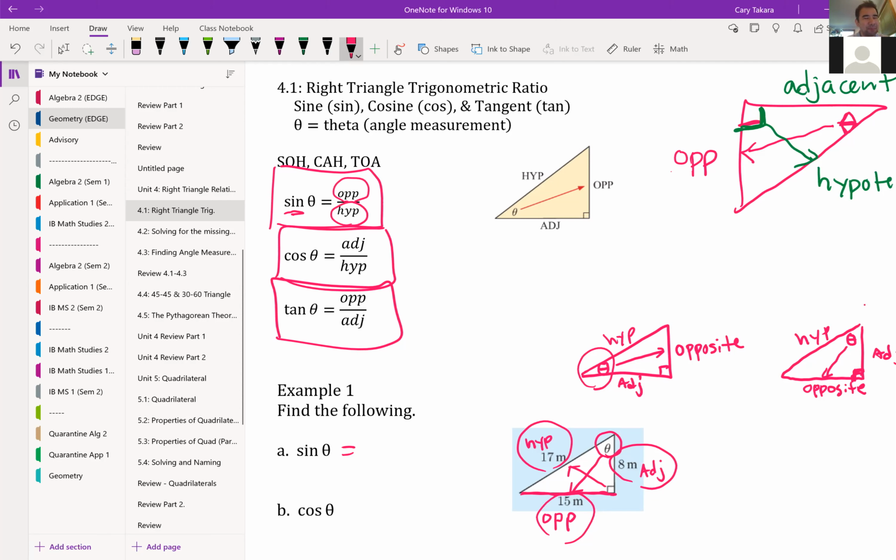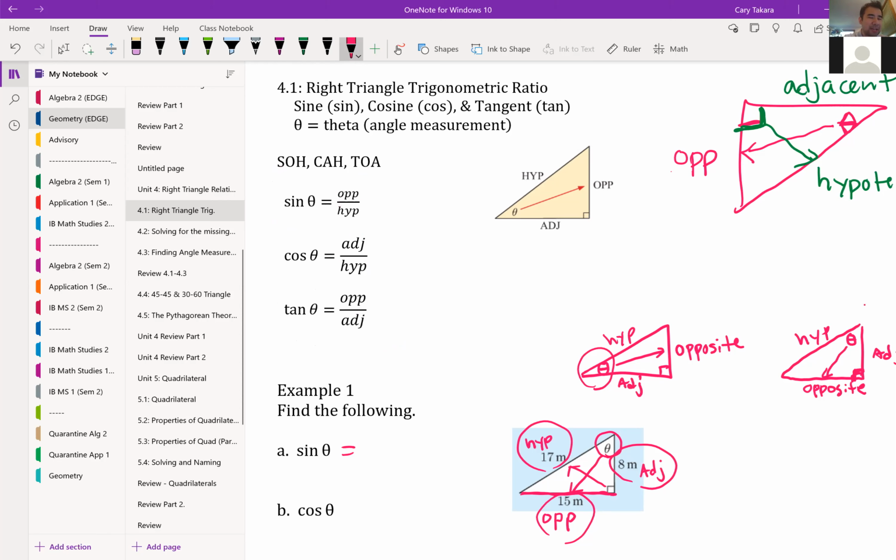I know it may not mean much to you right now, but that's the definition of sine. Cosine is adjacent over hypotenuse, and then tangent is opposite over adjacent, okay?